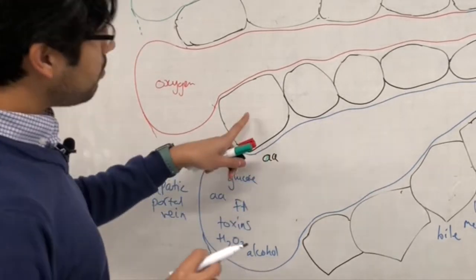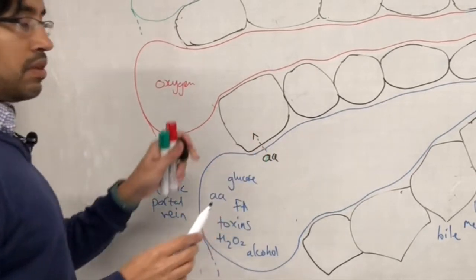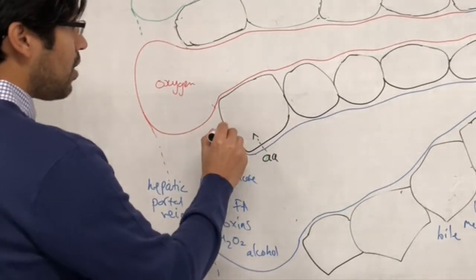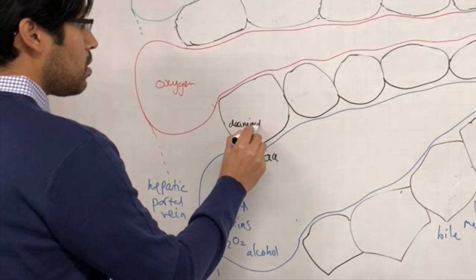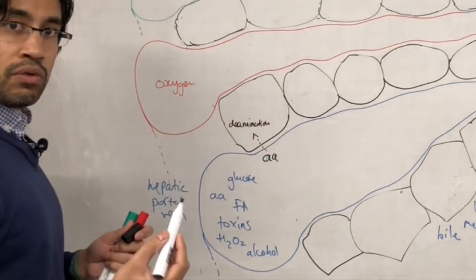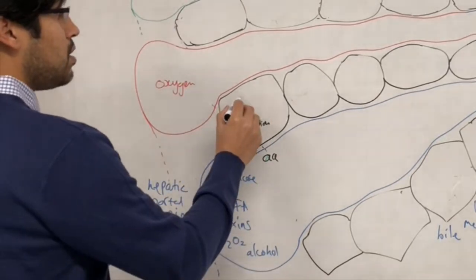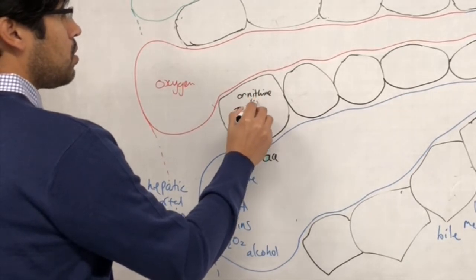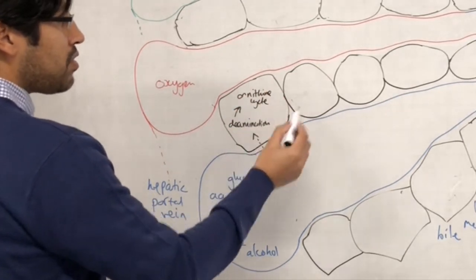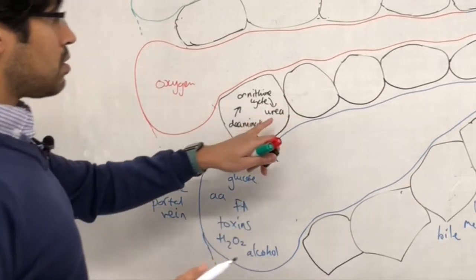So they would diffuse into the hepatocyte. The hepatocyte would then carry out deamination, producing ammonia. Then following that, we would get the ornithine cycle happening. And as a result of that, the cell would produce urea.